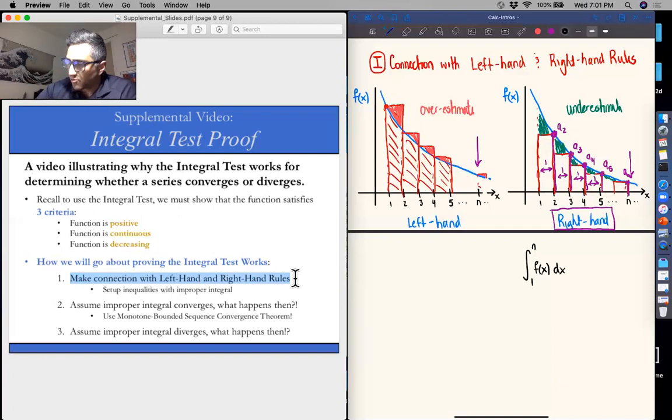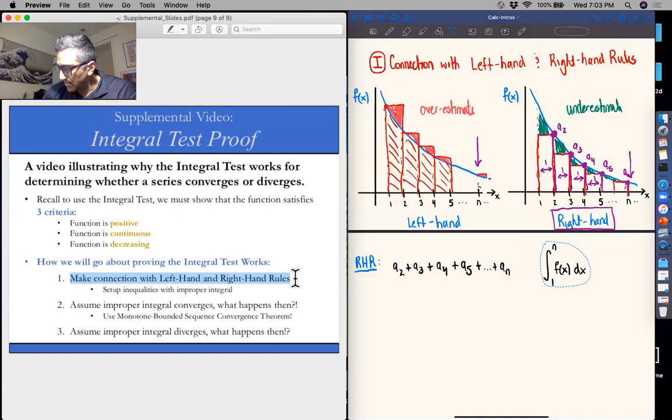So from right-hand rule, let me just write this out so we're clear. Right-hand rule. What we're really saying is I'm adding up a2 plus a3 plus a4 plus a5 all the way to an. I'm just going to slide that integral over.